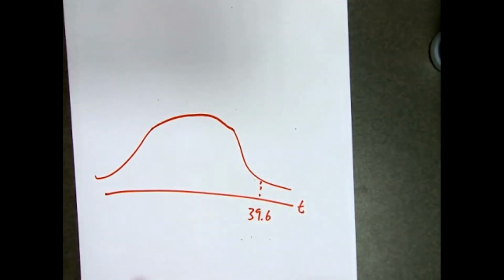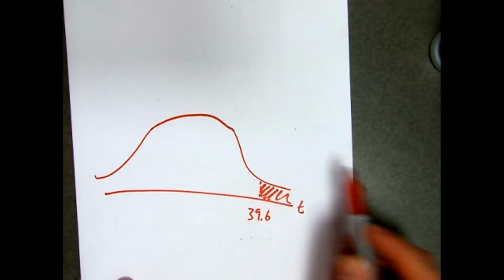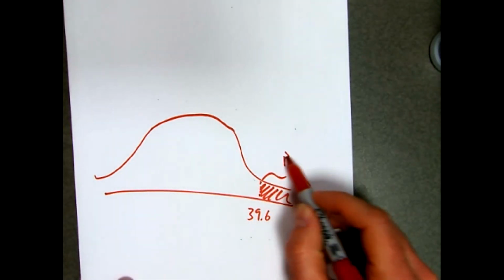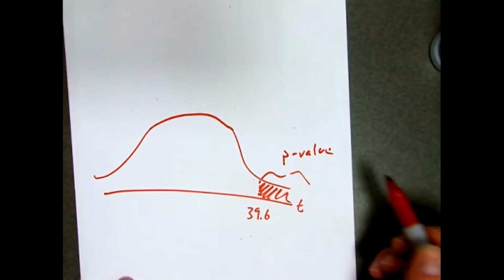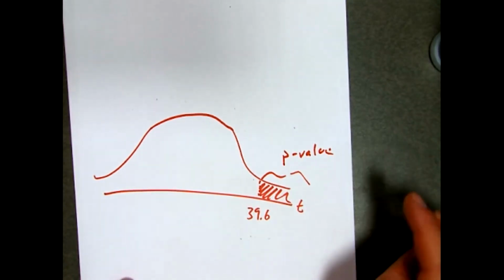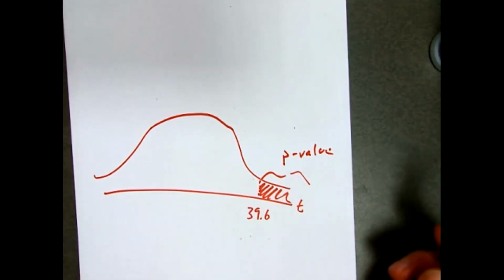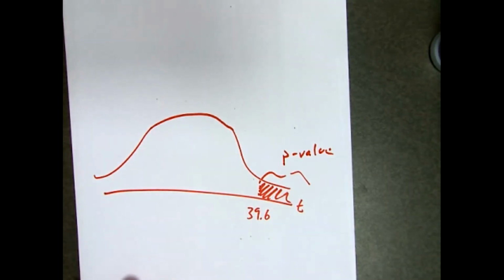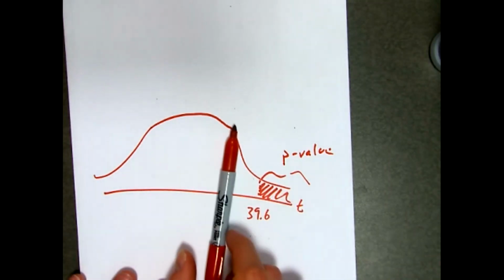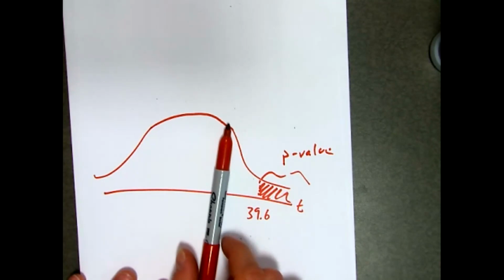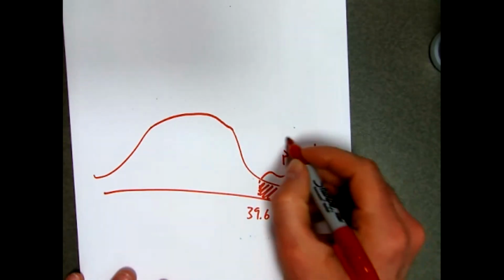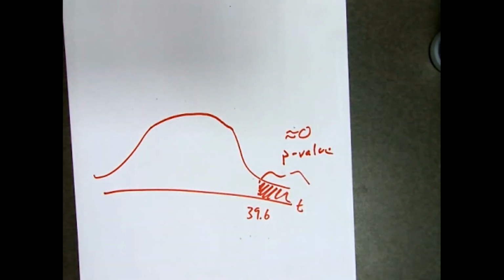I had a right tail test, so I wanted the area in the right tail. What's my p-value essentially going to be? We said test statistics of 3 and 4 are pretty large. So the area to the right of 3 and 4 is about 0. So the area to the right of 39 is going to be almost indistinguishable from 0. In fact, once we do something in Excel, we'll see this basically is 0.